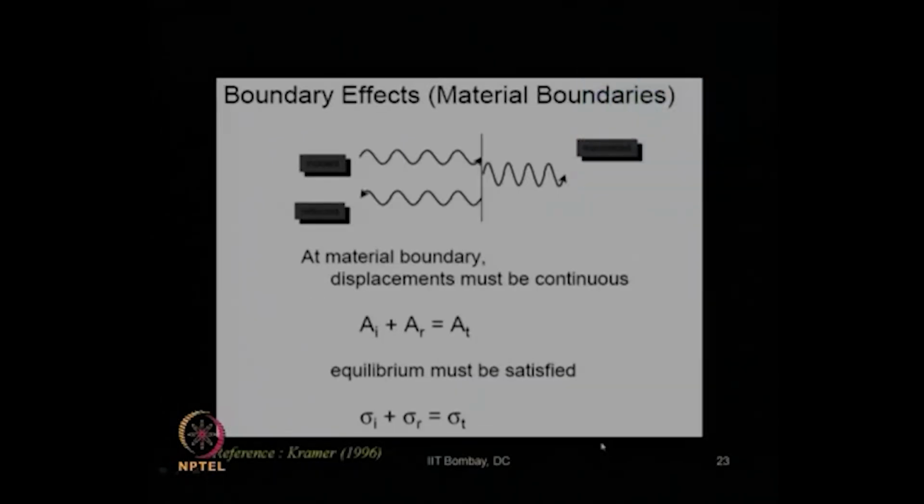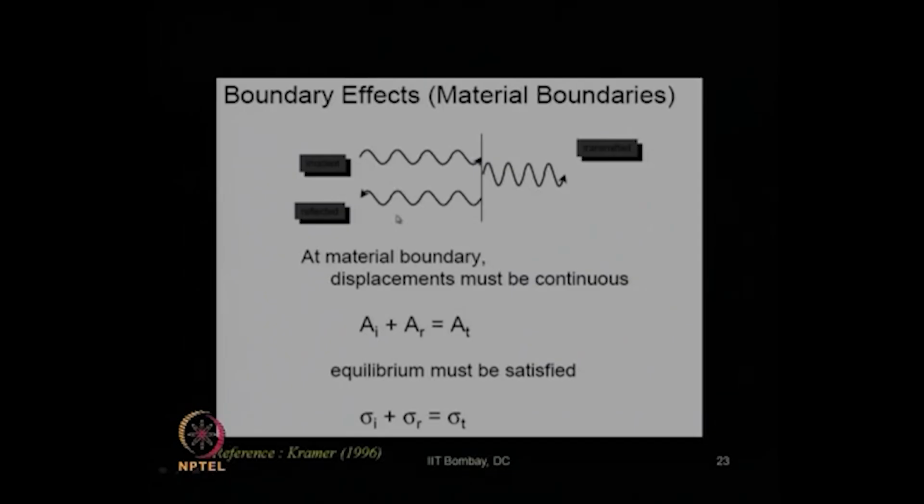Now, let us explain it further. The material boundary effect. Suppose we have two materials, okay. Say this is material 1, this is material 2. So, there is a boundary between two materials.